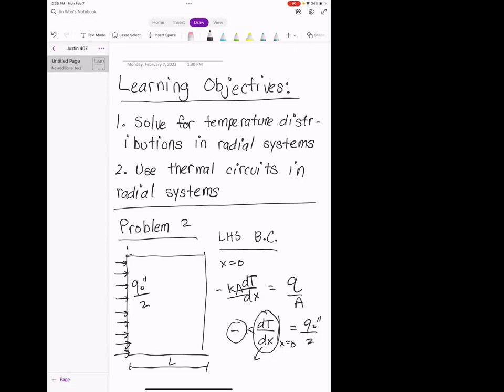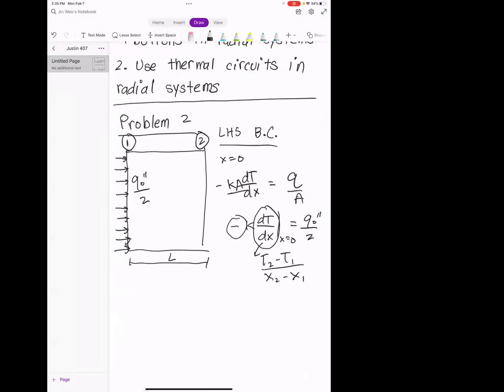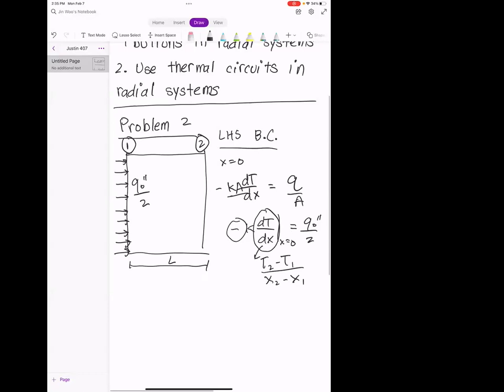If we call this location 1 and this location 2, the way we evaluate this derivative is T2 minus T1, all divided by x2 minus x1. This is like a finite difference approximation for that derivative. And if heat is flowing from left to right this way, that means side 1 is at a higher temperature than side 2.